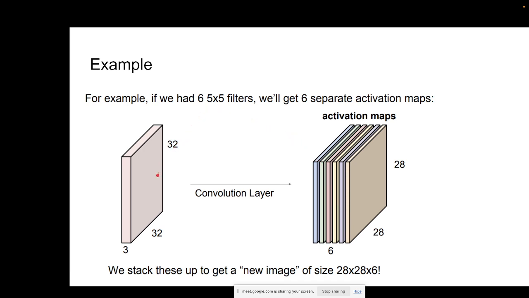Initially we had started with 3 channels. We ended up with 6 channels because we had used 6 filters. So the output number of channels is equal to the number of filters that we had used. Okay. So you will get questions in future, and maybe in the exams also, similar to this.